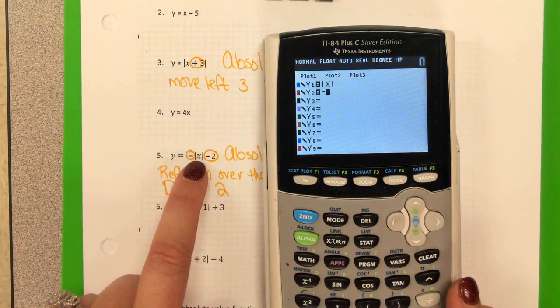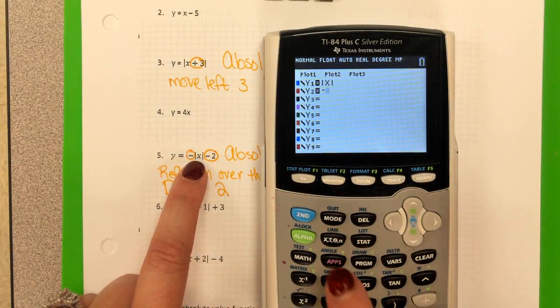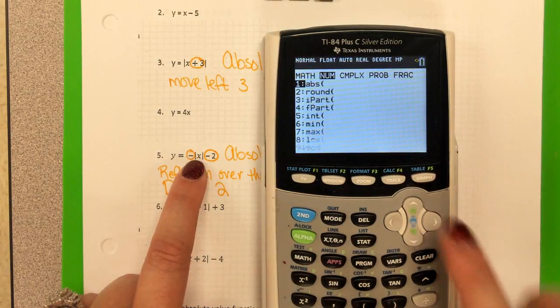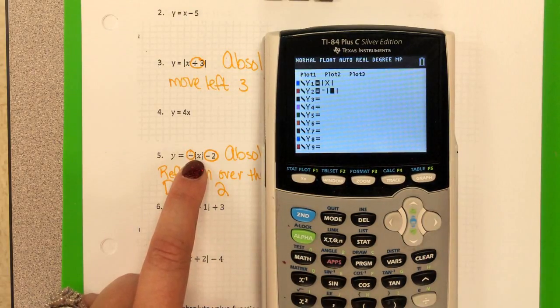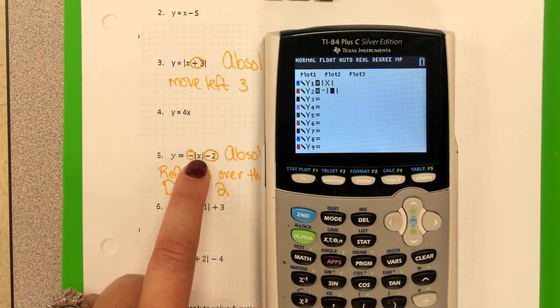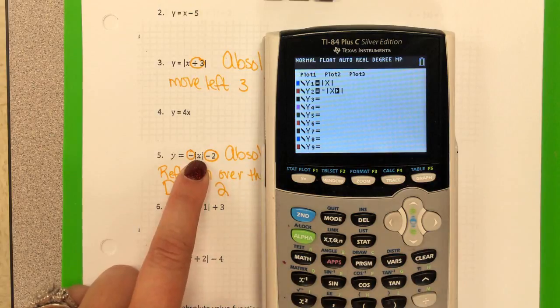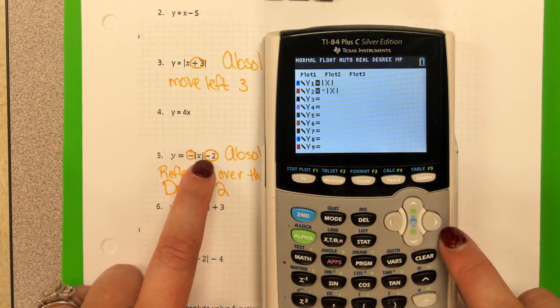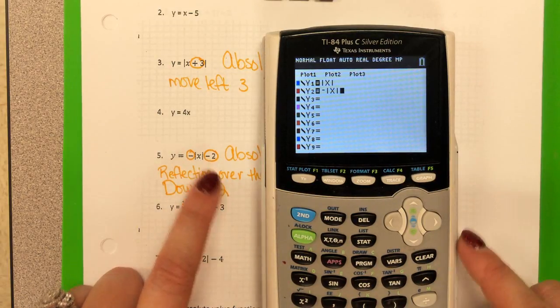All right, then what's right after that? Absolute value. So we're going to hit math, over to number, hit enter. What's the only thing inside there, guys? The x. All right, now it's very important that you listen to this next piece, okay? You either have to hit the right arrow button or close your parentheses next.